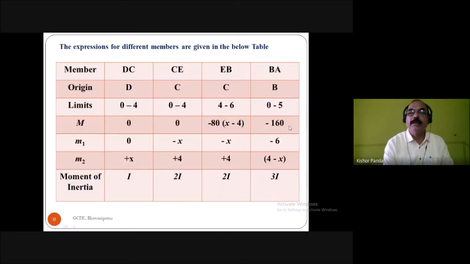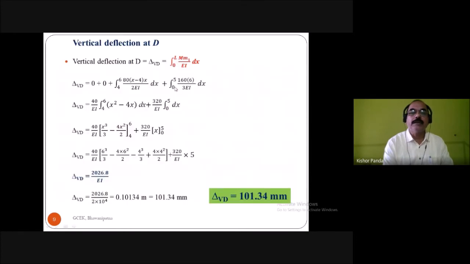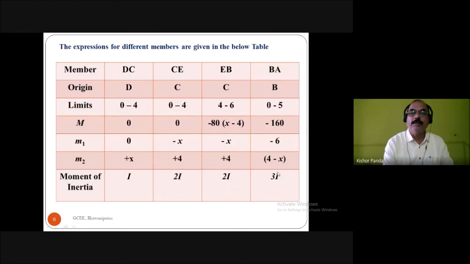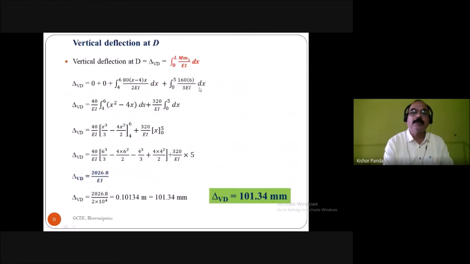For BA, capital M is minus 160 and small m1 is minus 6, and the integration limit is 0 to 5, so take 160 into 6 by 3EI into dx.